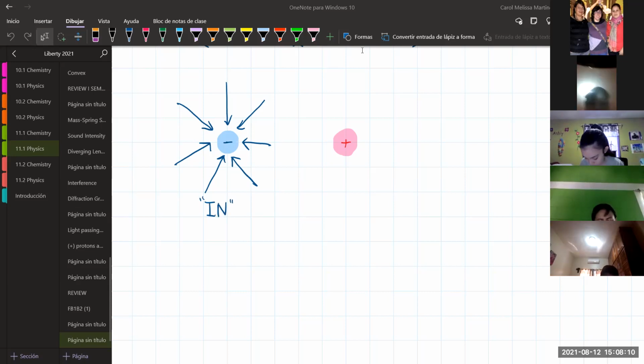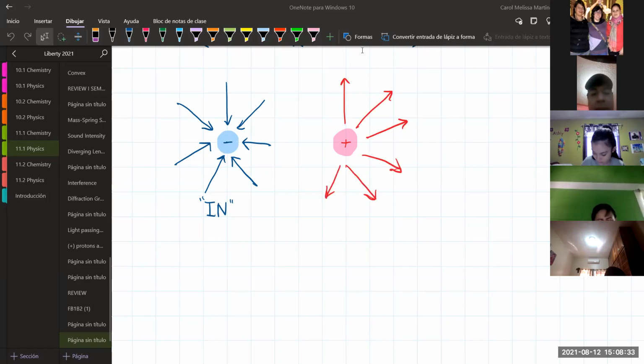So when you have a negative charge, the electric field goes in, towards the charge. But when you have a positive charge, the electric field goes outwards from the inside of the charge. And that's important because it goes in every direction, but it goes outwards.